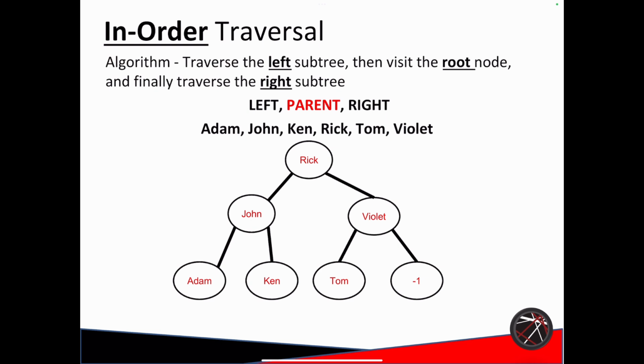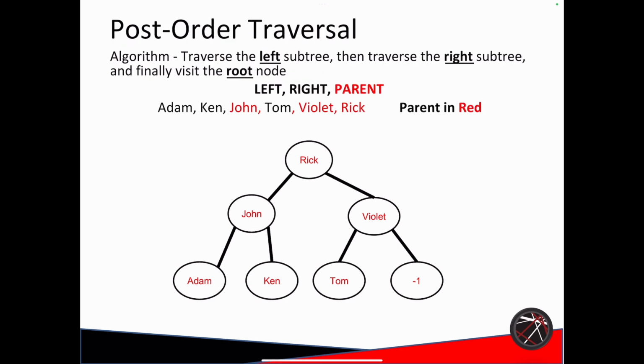We then go up, there's nothing else there, so we go now up to the parent, which is Rick, and then we look to the right-hand side. However, before we interact with Violet, we check, is there something to the left of it? And there is. So therefore we go to Tom first, and then back to the parent of Violet, and then if there was anything right-hand side, there isn't, and therefore we've completed it.